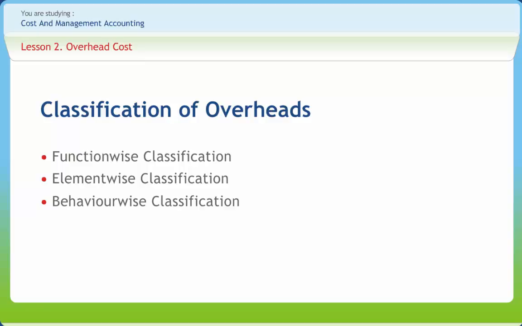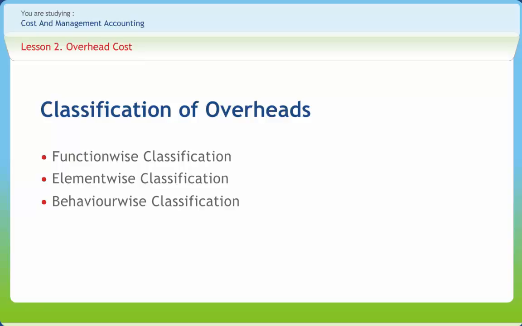Fixed overhead expenses do not vary along with the production, meaning they remain the same. Variable overhead is subject to variability along with the volume of production. Semi-variable overhead is known in other words as a step overhead and is neither wholly fixed nor variable to the volume of production.